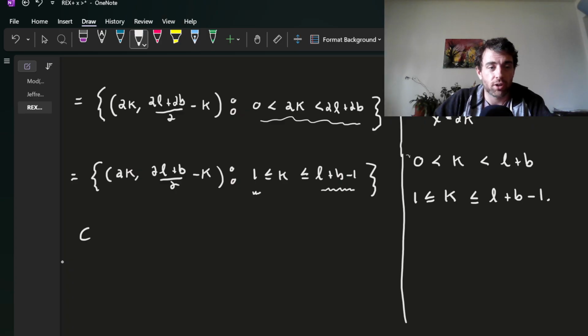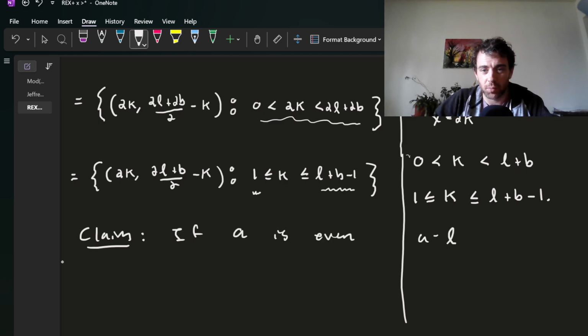In other words, I'm making the claim that if A is even, and recall that then we are writing A as 2L, which is to say that L would be A over 2.